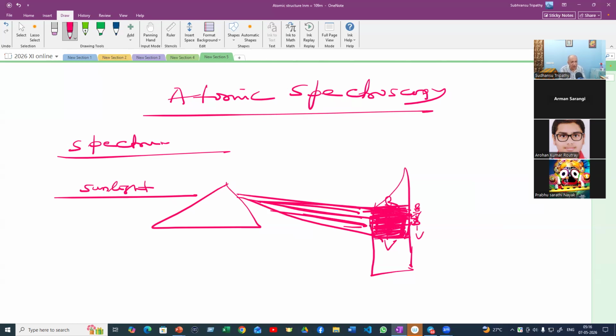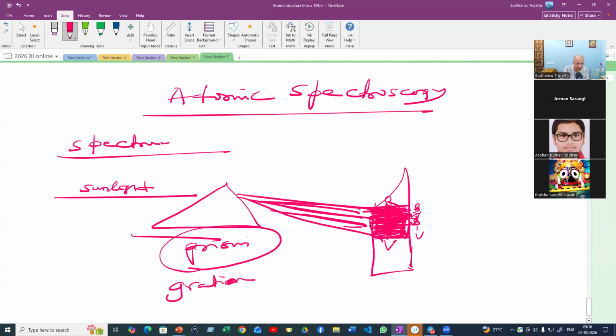This dispersion happens through the prism, and the modified form of the prism is called a grating, a diffraction grating, which has a greater power of dispersion.